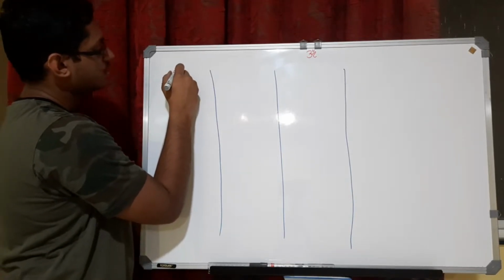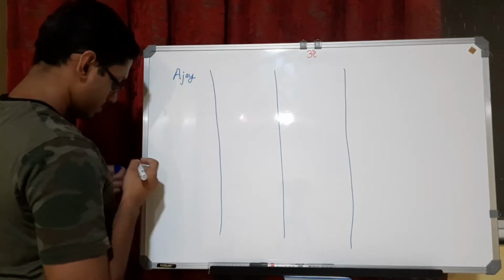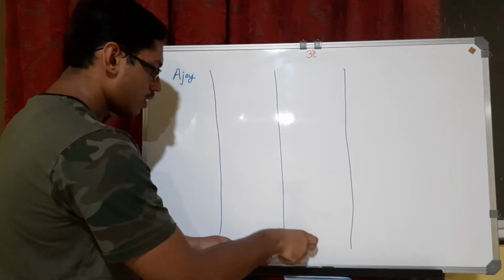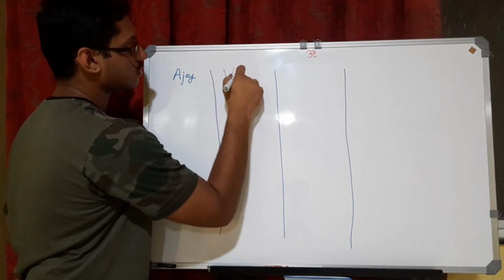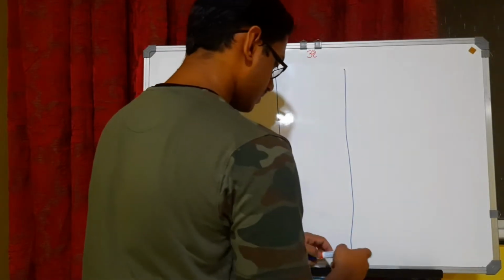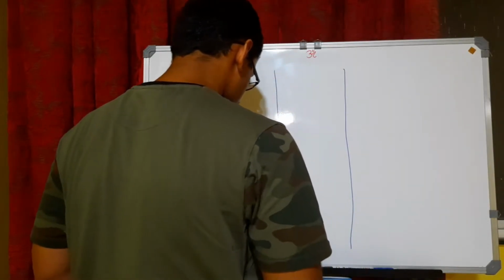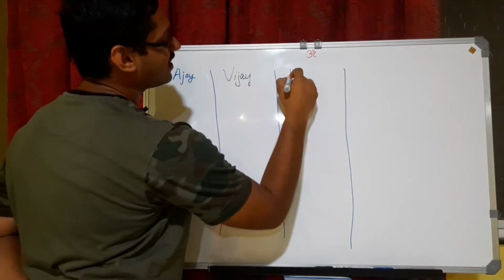One is Ajay, one is Vijay, and the third one is Parajay.